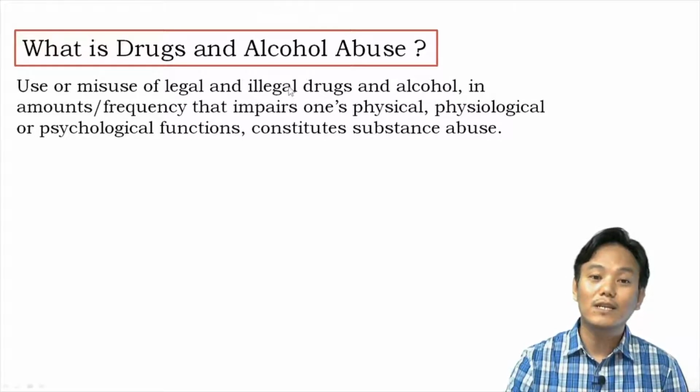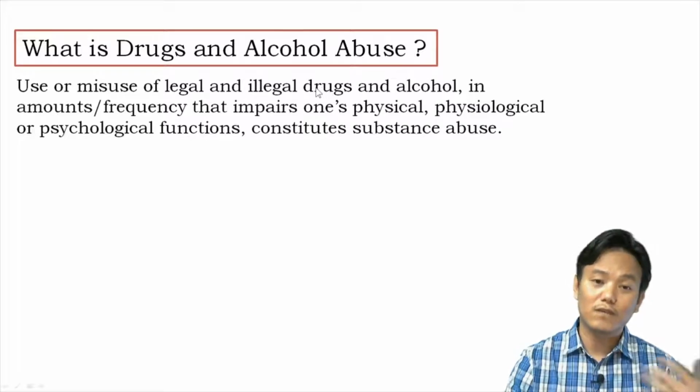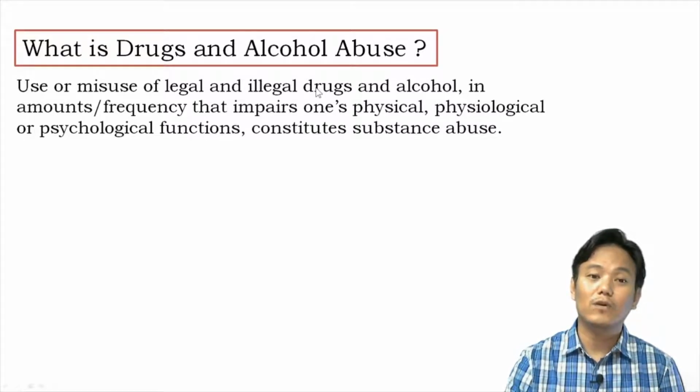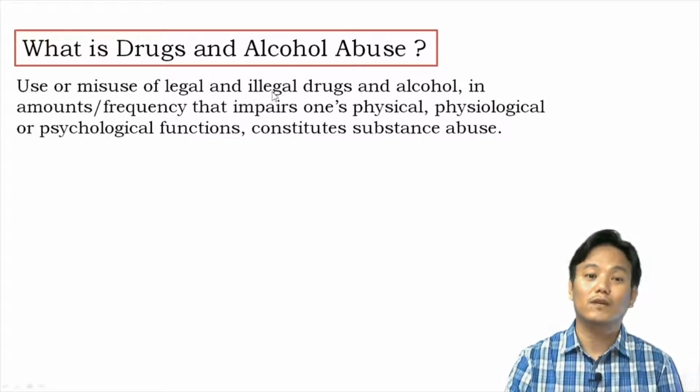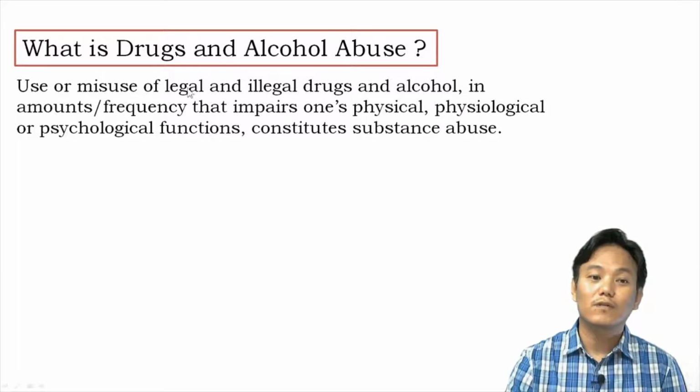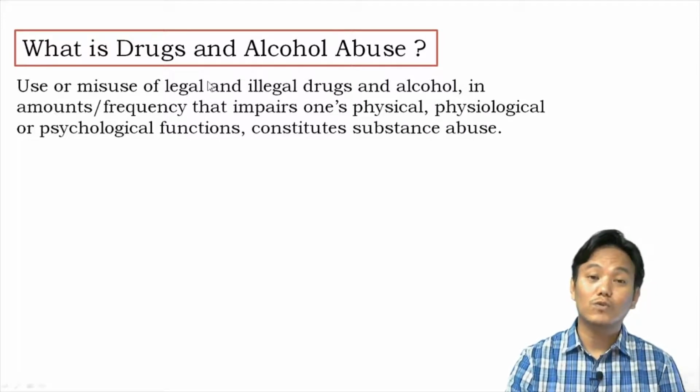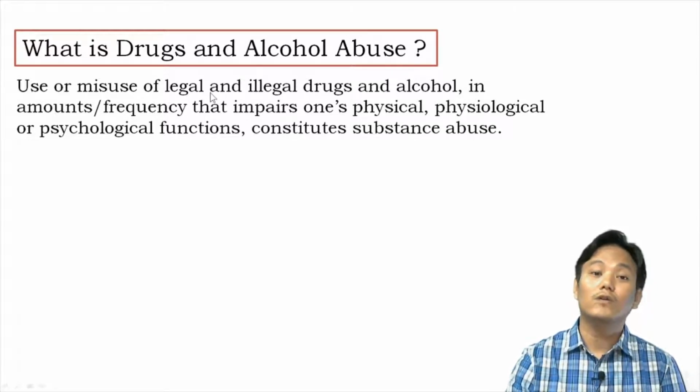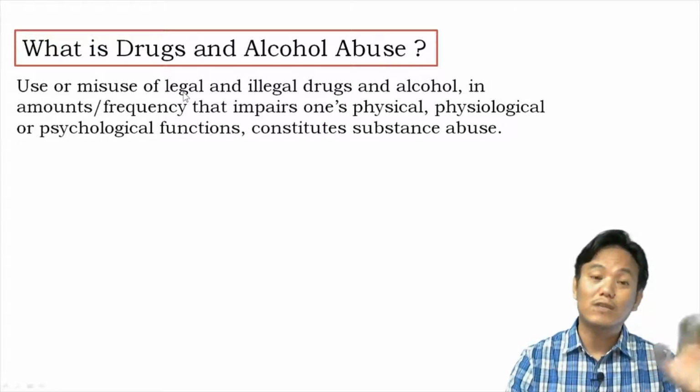Now, legal and illegal drugs is about what the law permits or not. If certain kinds of drugs are allowed by the law to be sold in the market, they are legal drugs, and if certain drugs are banned from being sold in the market, they are illegal drugs. Legal drugs are those sold over the counter, or prescription drugs, those prescribed by doctors for some medical conditions.